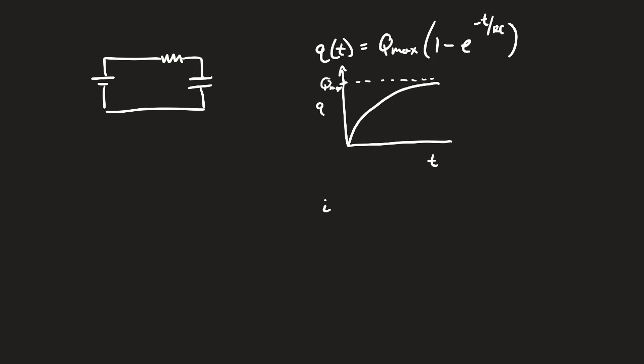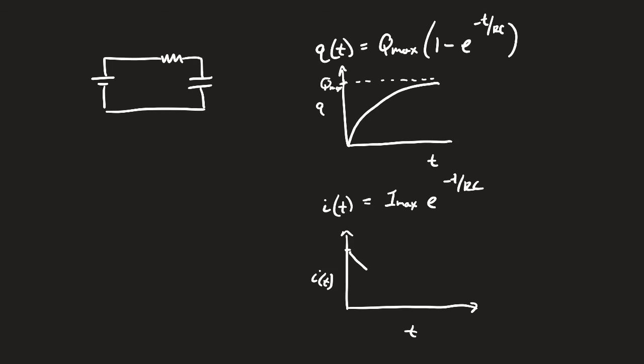At the same time, current as a function of time, we're going to get an exponential decay. We know that the current will immediately begin to degrade the moment the switch is closed, with I max being given by the voltage over the resistance, and Q max being the voltage times the capacitance. All right.